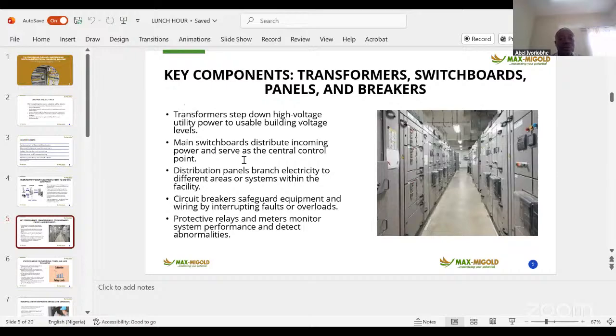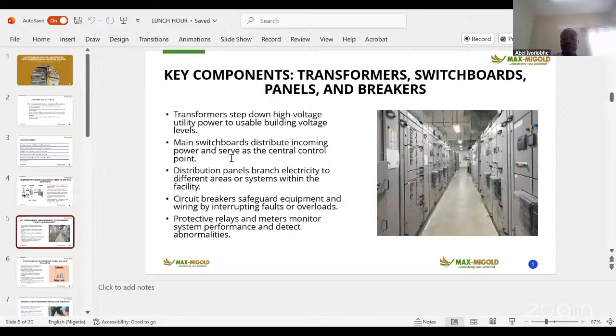We have the main switchboard, which distributes incoming power and serves as the central control point. So the power that is coming is fed to the distribution board where it is then taken to various areas in your building.